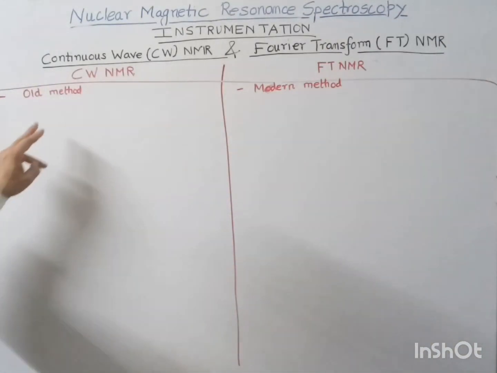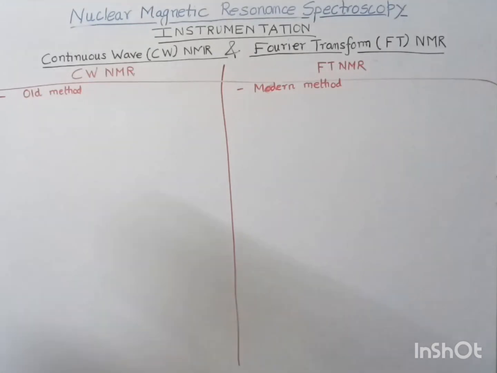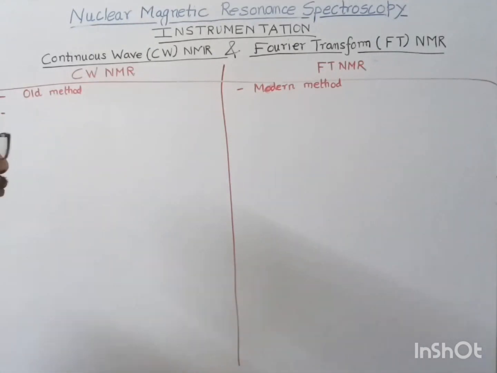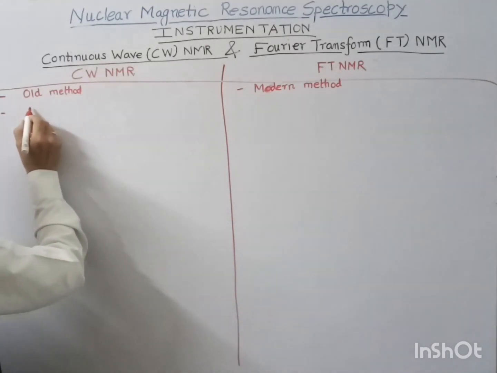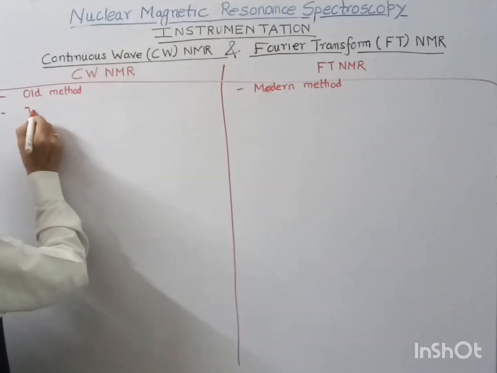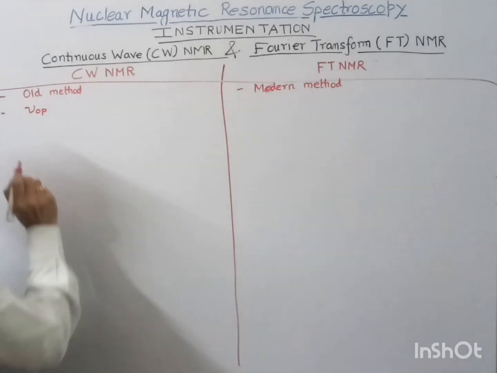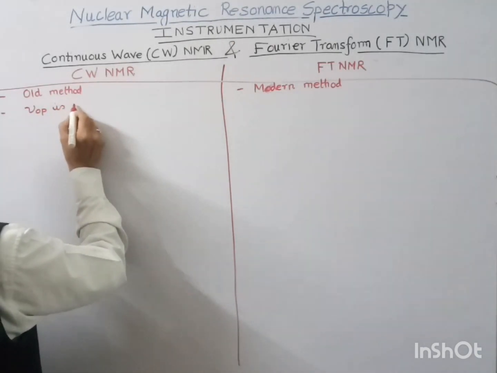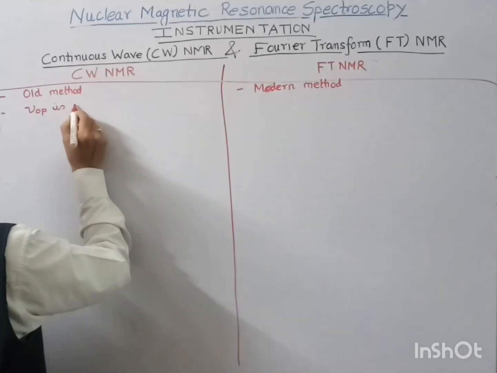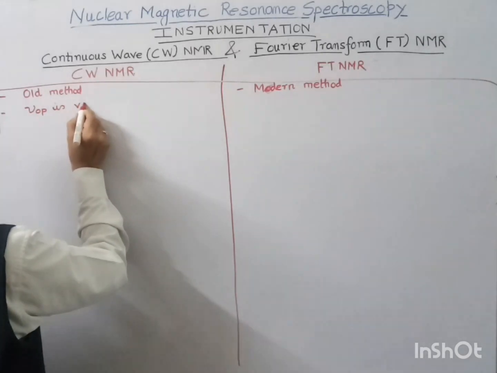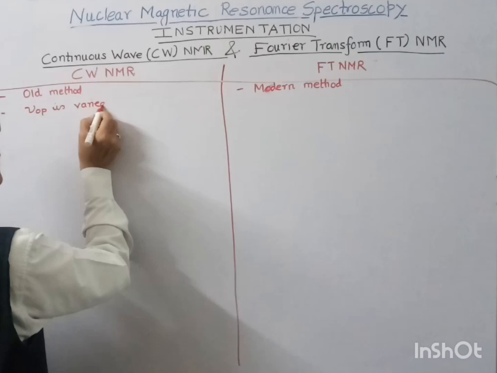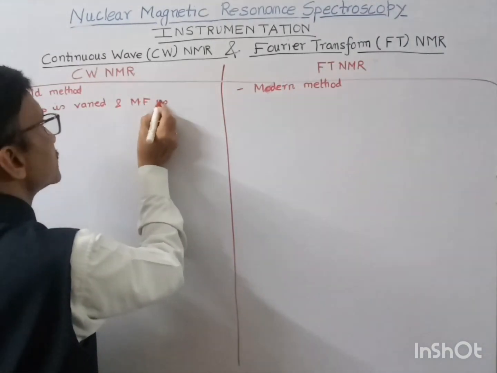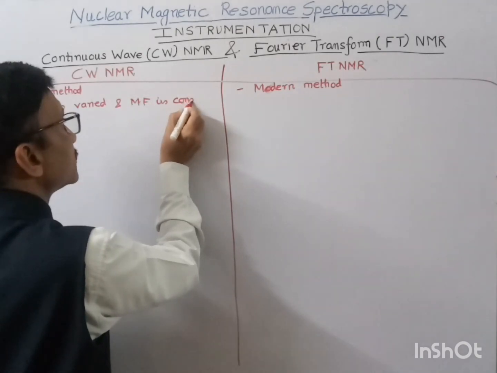Now in the CW NMR, as I told, we may have two types of instrument. In one, the operating frequency is varied and the magnetic field is constant.